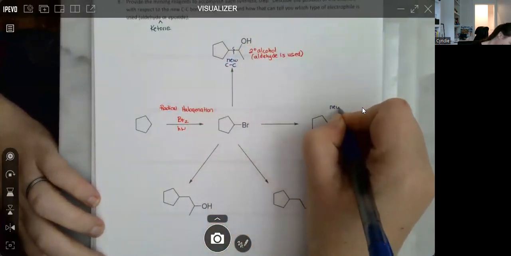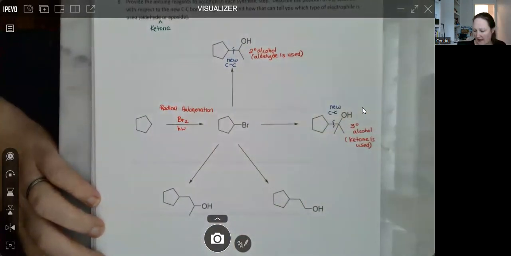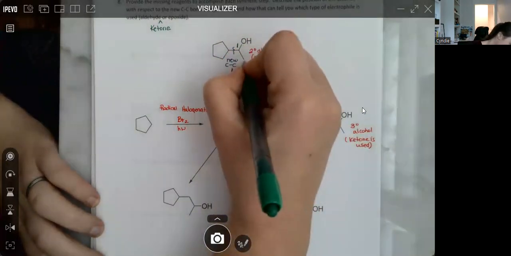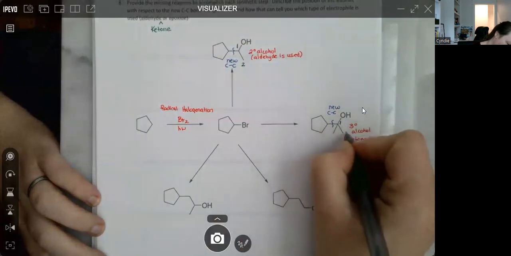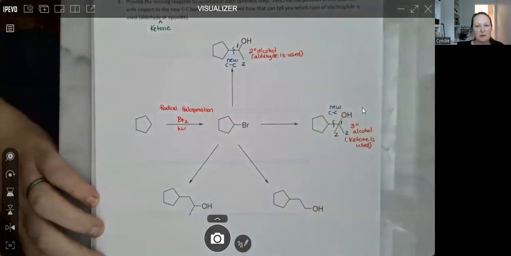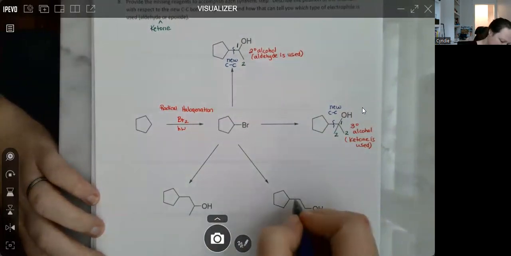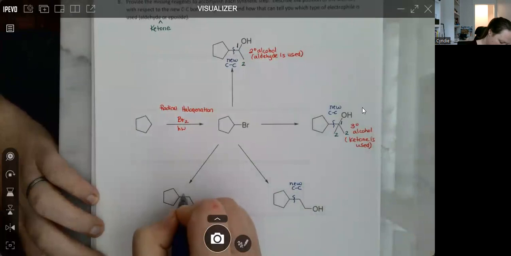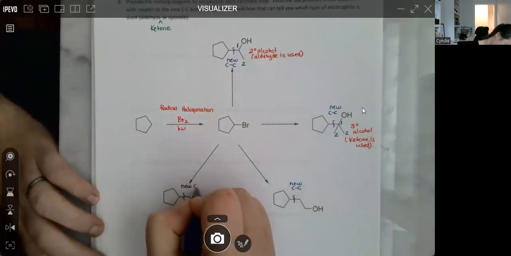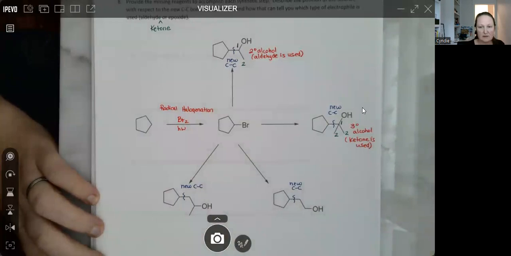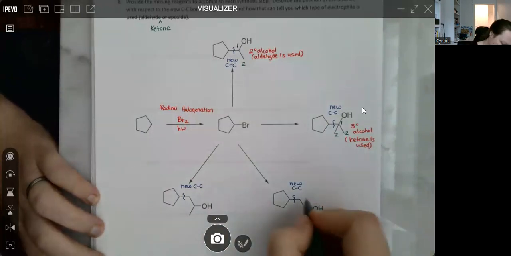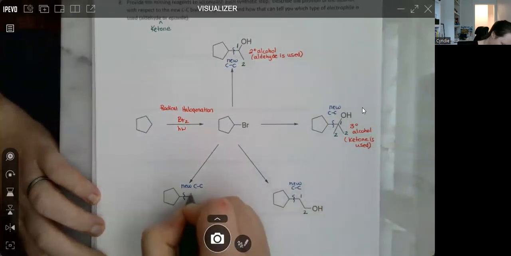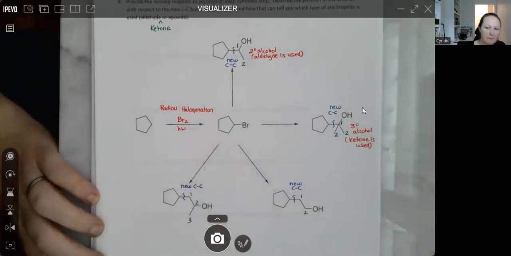Let me draw it right here. Then if we do some counting, we can say this is carbon 1, 2, 1, and this maybe would be 2, since they're both attached to 1. And then if we come over here and think about this, this was the new carbon-carbon bond, and the same thing right here. Let's do the same sort of counting: 1, 2, 1, 2, 3.